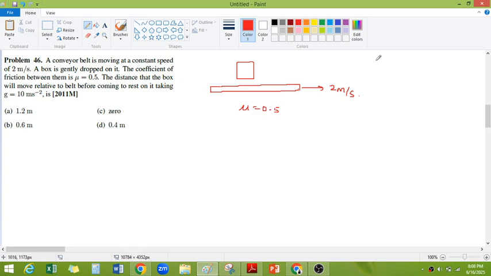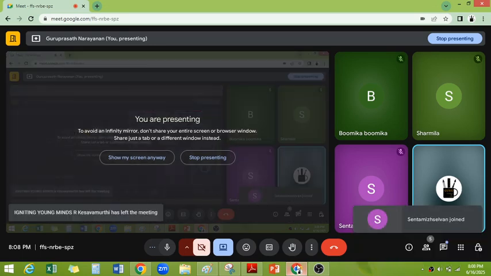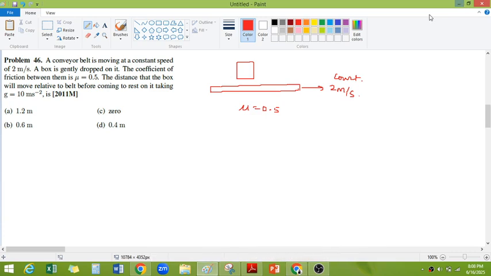See, this is a constant speed, right? So constant velocity or constant speed. So acceleration is 0. There is no acceleration here. If there was an acceleration after sitting here, this will also experience a pseudo acceleration. But right now, because of the friction, there will be some frictional force acting this way.